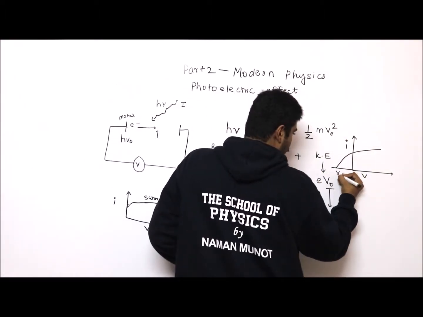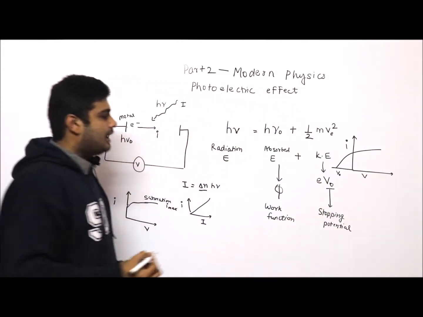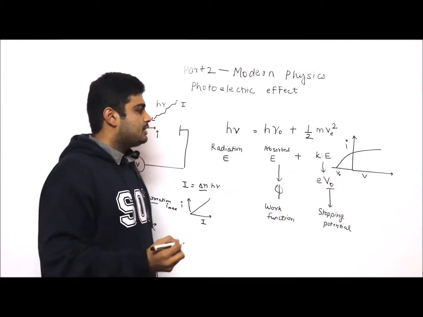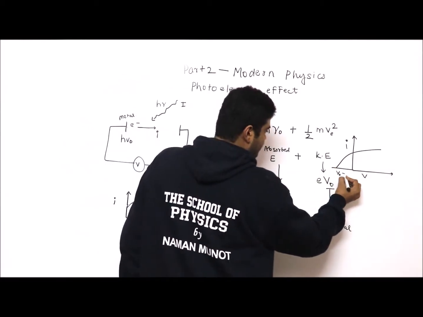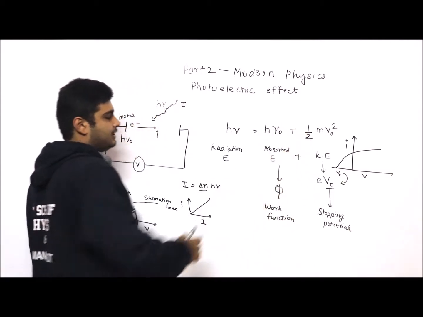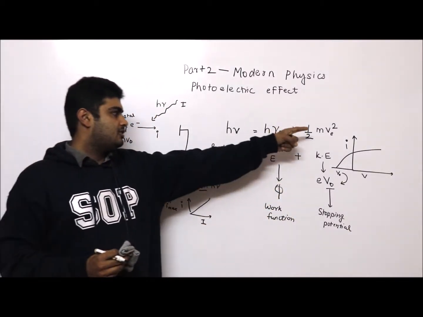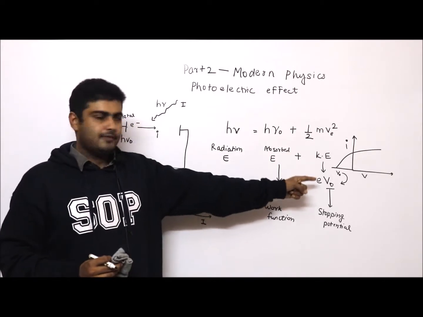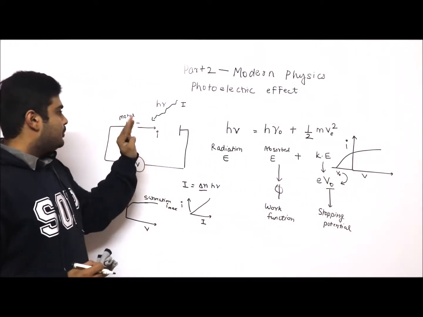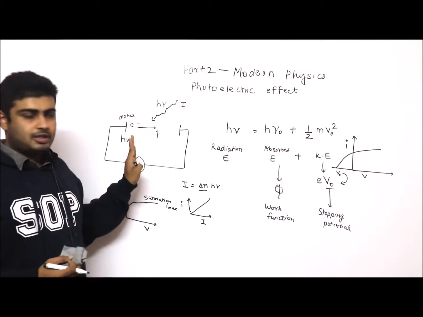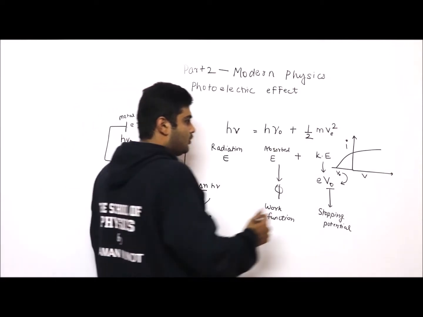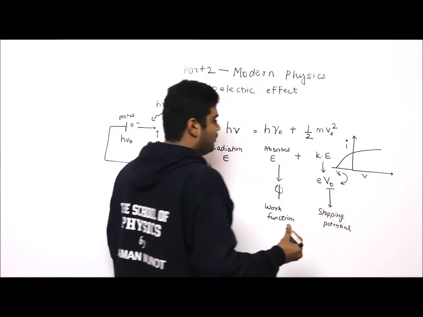This V naught is the potential at which the photoelectric current becomes 0. And you know what this V naught is? It is the same V naught that we used here, where the kinetic energy, half m v max square, equals e V naught. It is the potential when the current becomes 0, and that is called the stopping potential.